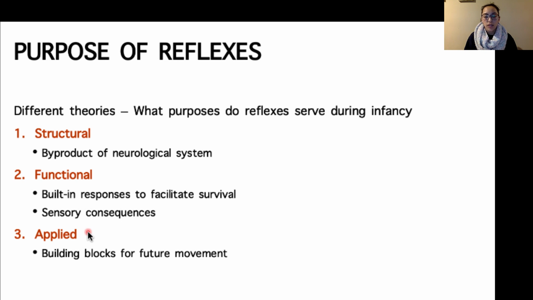So those try to explain the purpose of reflexes as playing a role in future volitional movements. In other words, reflexes are going to afford infants the ability to practice certain movements involuntarily before the coordination patterns occur voluntarily.